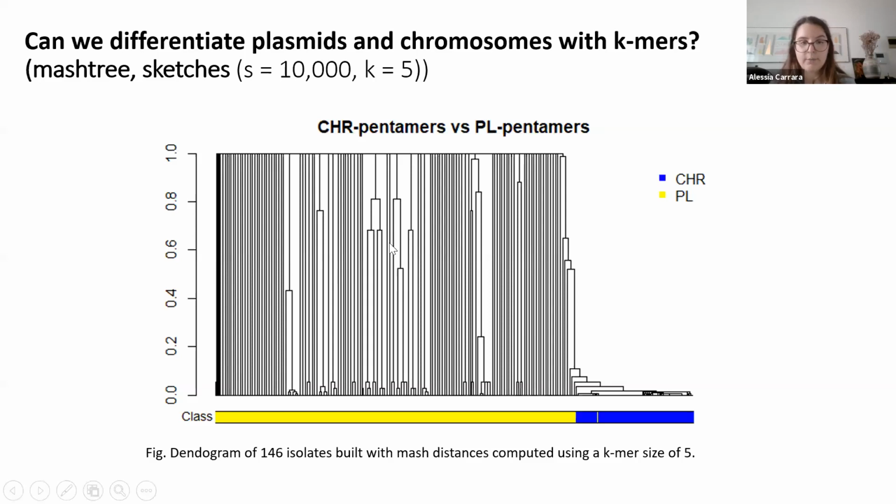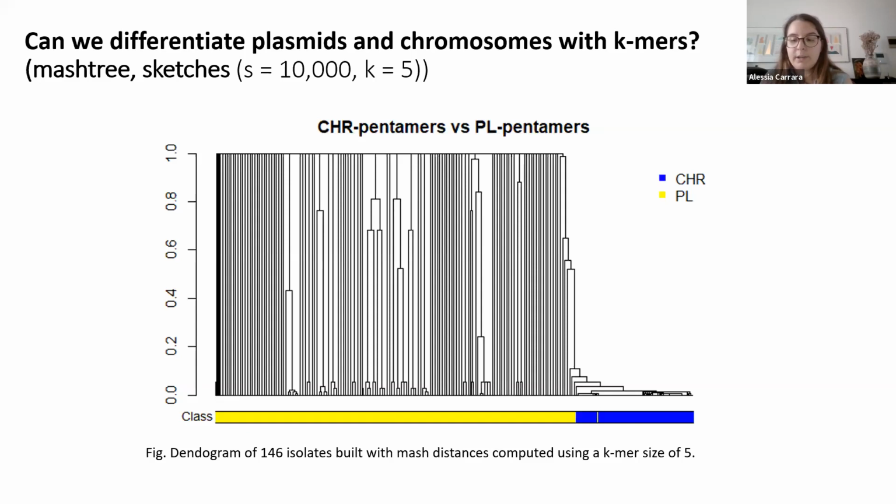If we focus at the bottom bar, we can observe that the plasmid sequences cluster together and differently from the chromosome ones, which also cluster together, as we can see here in the blue part. So, consequently, we proved that we can actually split the sequences according to their pentamers, and so we can prove our initial assumption.